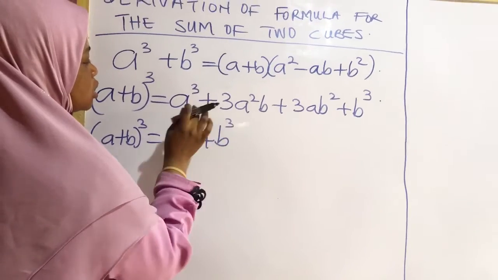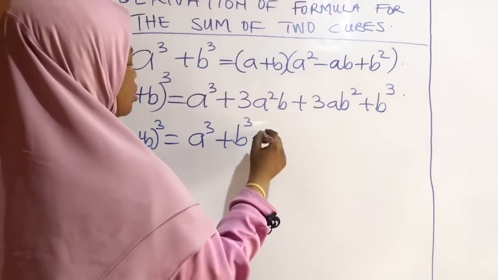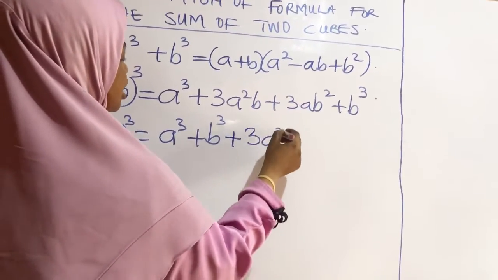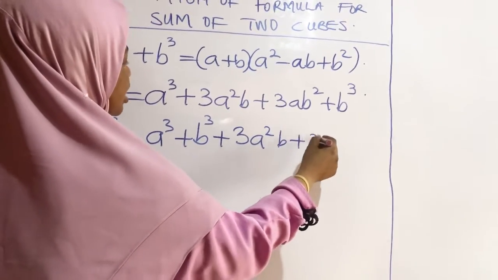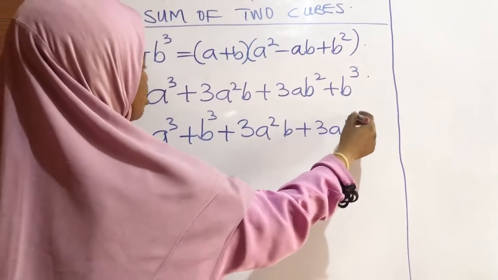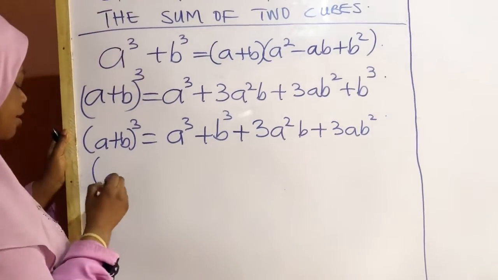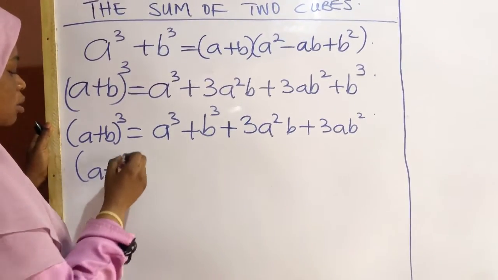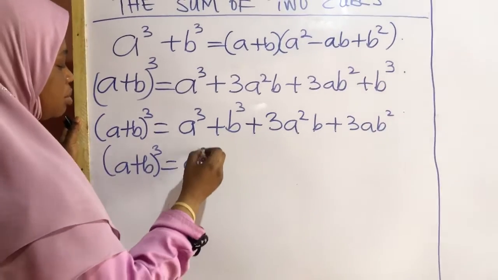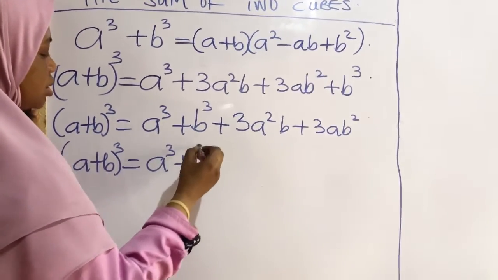That is, I want those cubed to come together, plus 3a squared b plus 3ab squared.